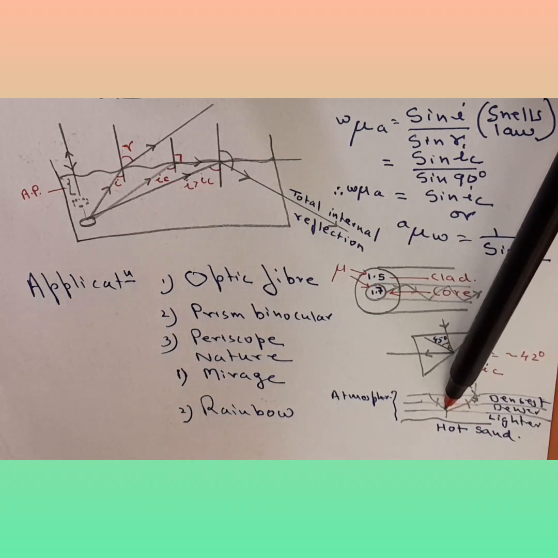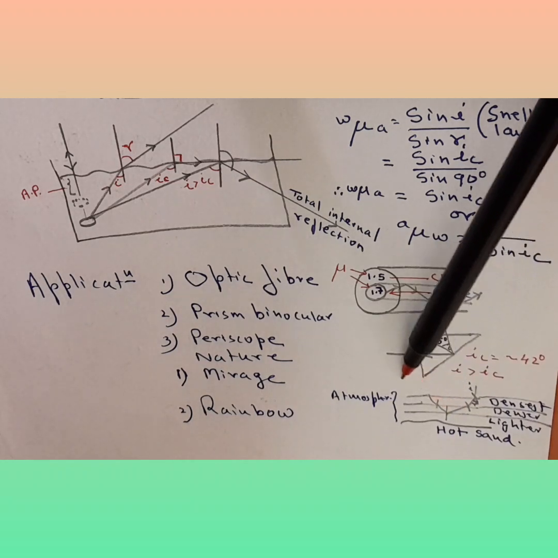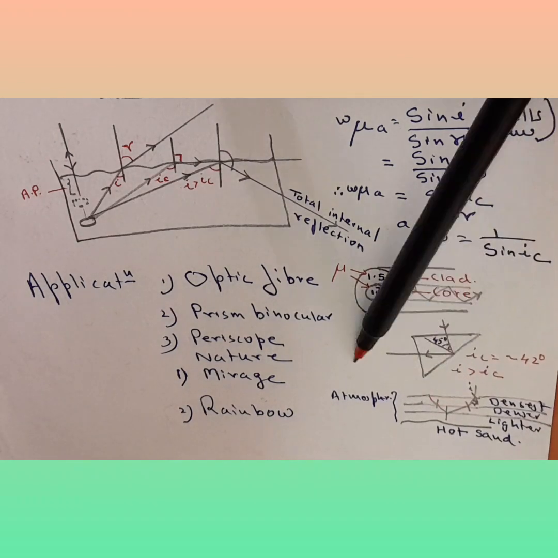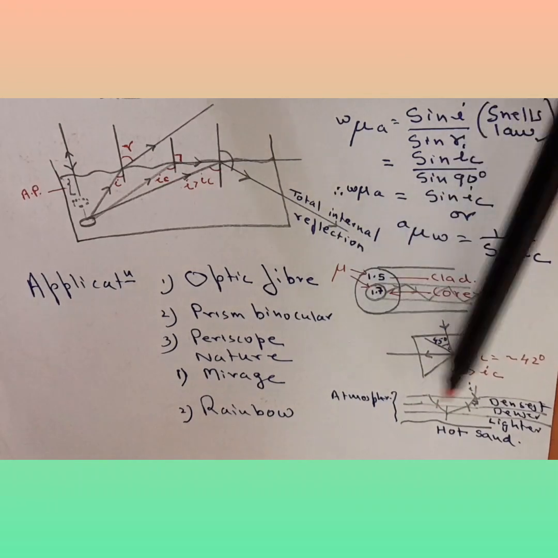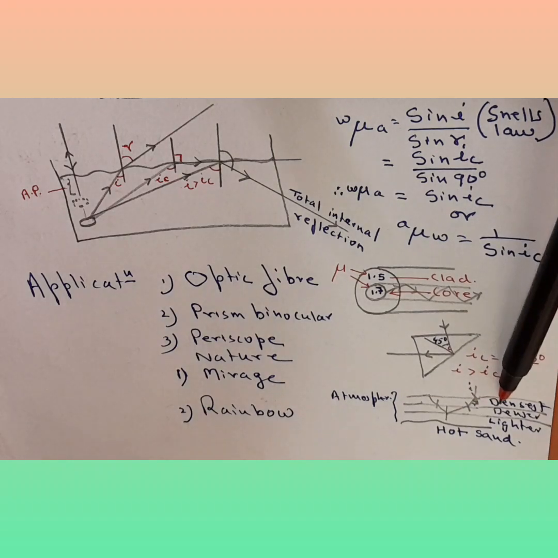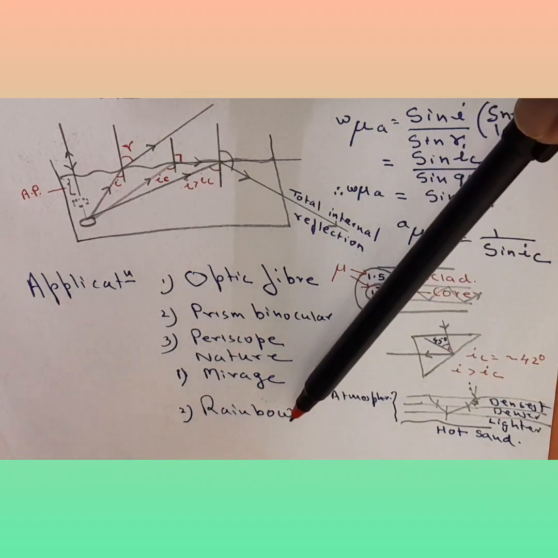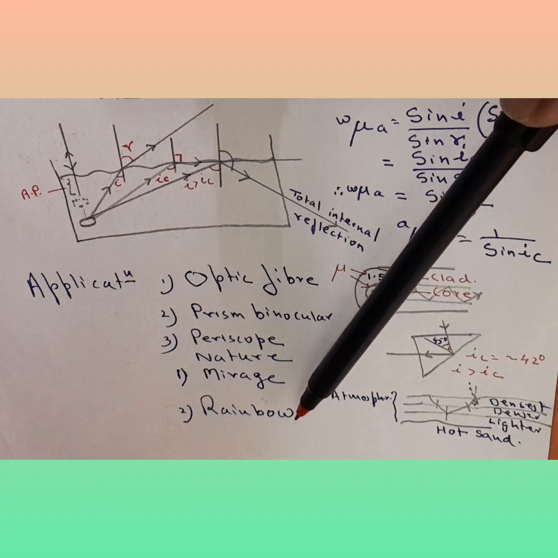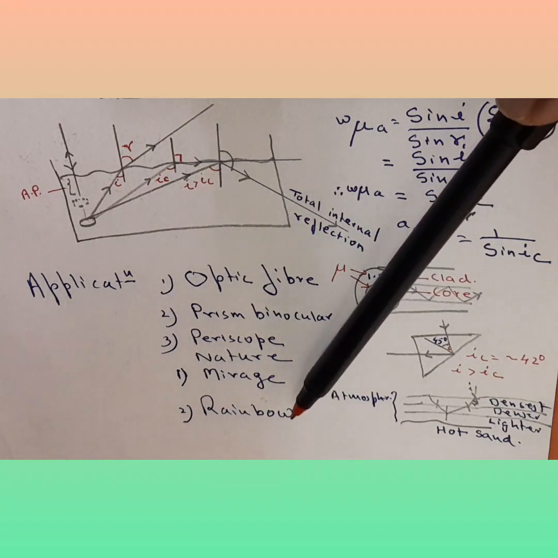So total internal reflection occurs and then it comes back and we see whatever the object was, its image we see here. Alright, so this is the theory of mirage. And obviously even for rainbow the story goes along the same line, but along with that also comes dispersion, which I would be picking up after prism.